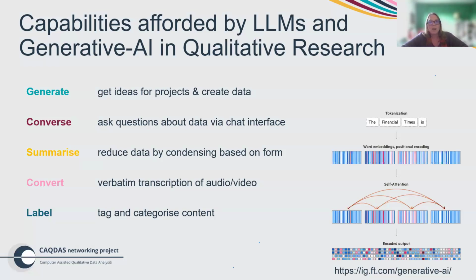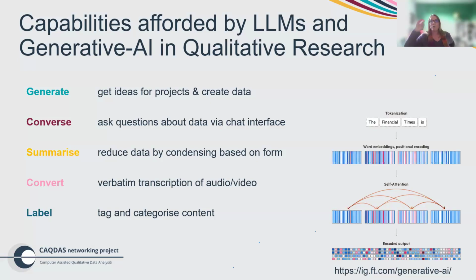Qualitative coding is a form of labeling, but we can also label our materials to categorize the content as well. And so these large language models have affordances or capabilities around those topics. So what I'm going to do today is to go through those and think about them in more detail in terms of our appropriate uses of them in qualitative research.